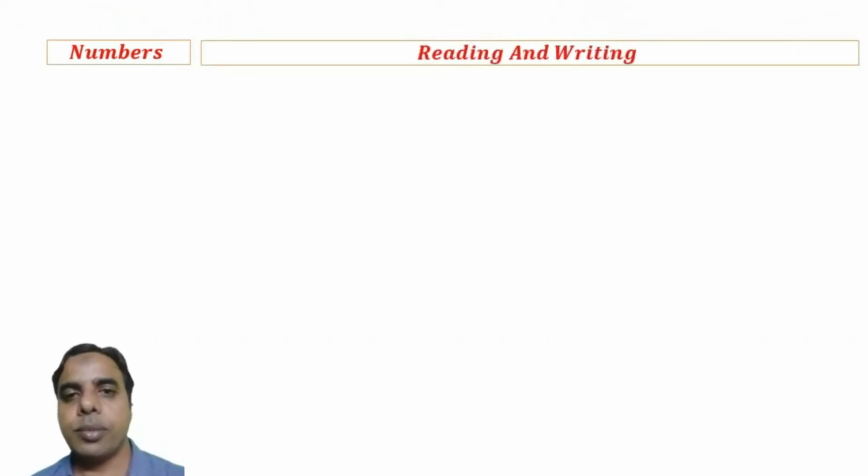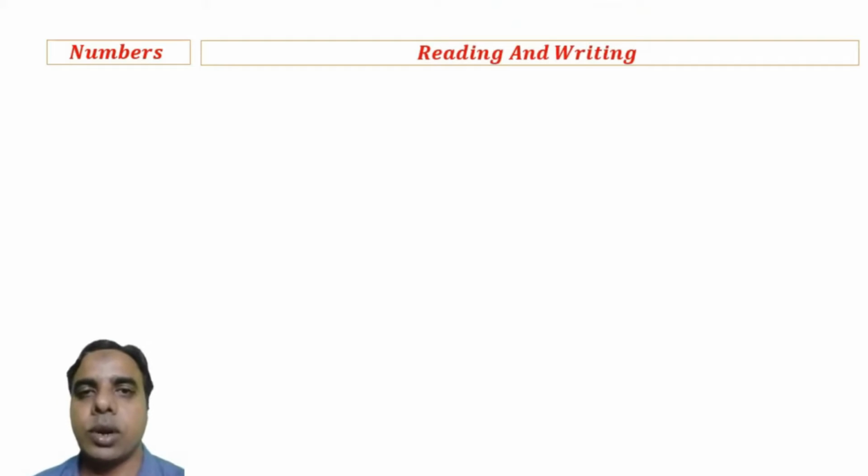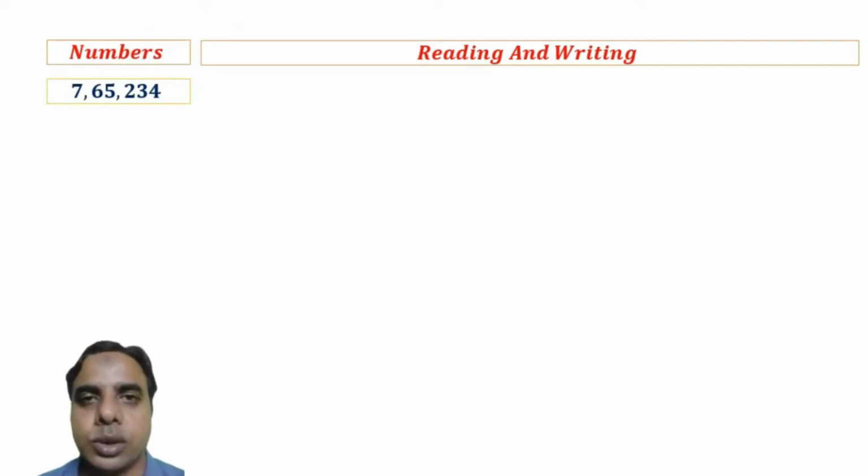On your screen there is an exercise: read the numbers and write them in words. Okay, so here is a number, 765234. How to read and write it? This number is 7,65,234.